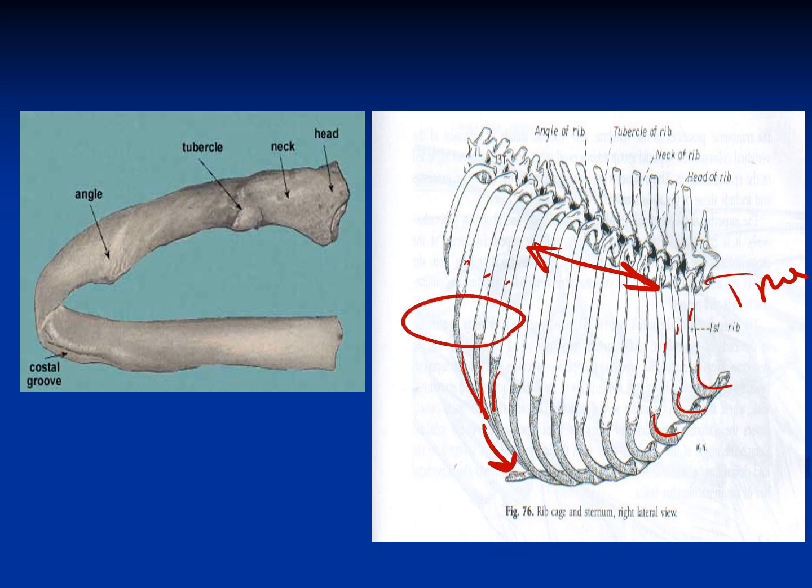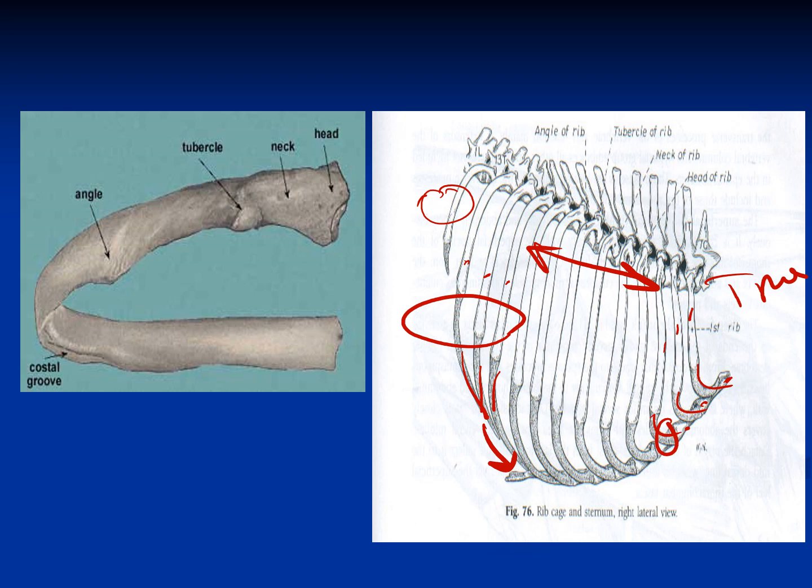We call these 3 the false ribs. And you can see the last one, which does not have any connection or articulation with the sternum, we call the floating rib. See here, each one of these is a sternebra, and between these sternebrae we have the intersternebral cartilage.